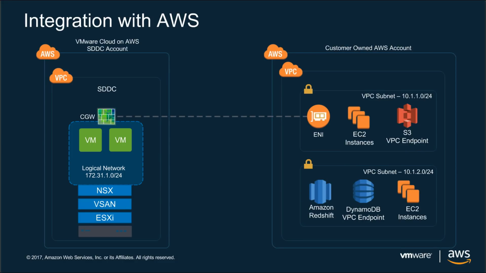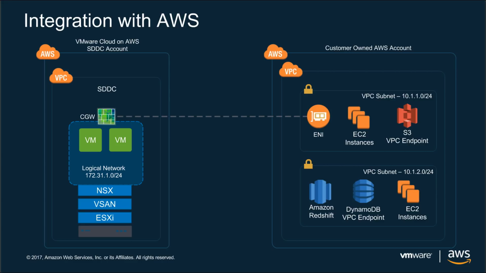We talked briefly about that ENI connectivity between the SDDC and the AWS account. I wanted to drill in and go a little deeper so you can have a sense of how that works. Your CGW in the SDDC there on the left is connected to a logical network. This logical network has 172.31.1.0/24 as its IP space. We have VMs running inside of that logical network.